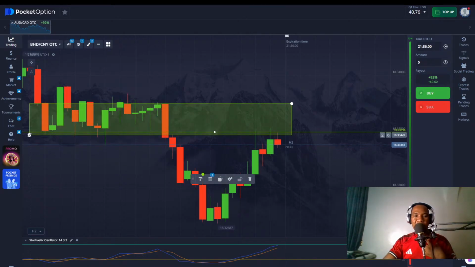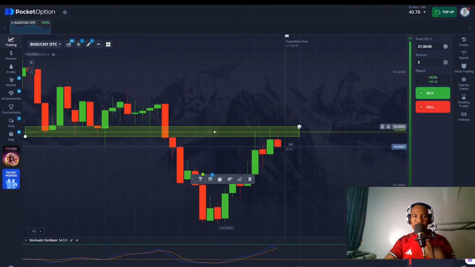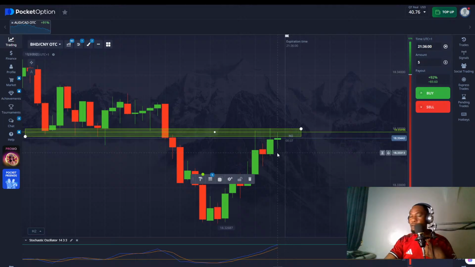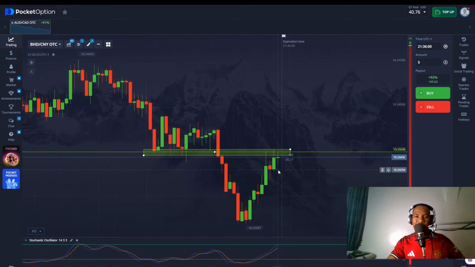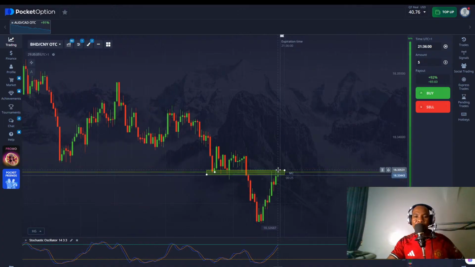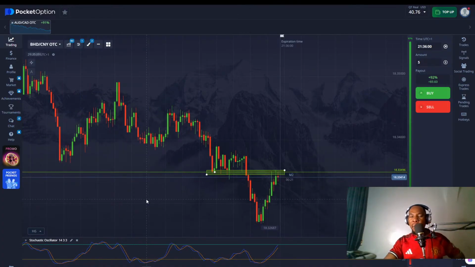When a support level is broken, it turns into a resistance level. So look at this level, it's trying to hold, and if price is going to continue lower, we can follow the bearish candle.